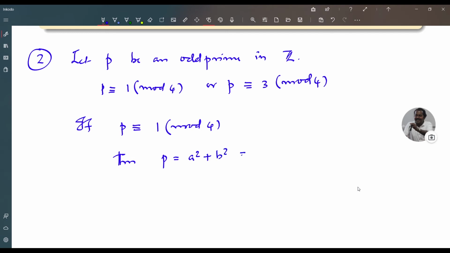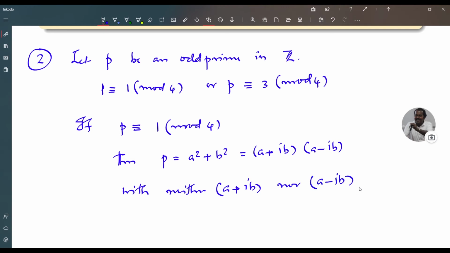So this is (a plus ib) into (a minus ib), with neither a plus ib nor a minus ib a unit. Therefore, p is not an irreducible.